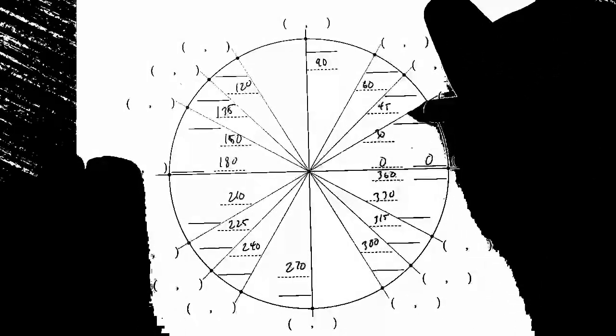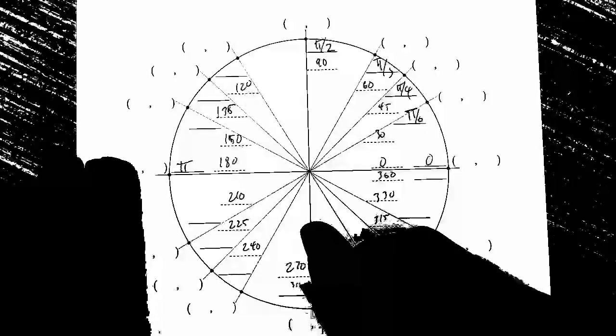For radians, we start at 0, then pi over 6, then pi over 4, then pi over 3, then pi over 2. I'm going to fill in the corner points. This is pi, this is 3 pi over 2, this is back to 2 pi. We add pi over 6 for the, quote, big slices.